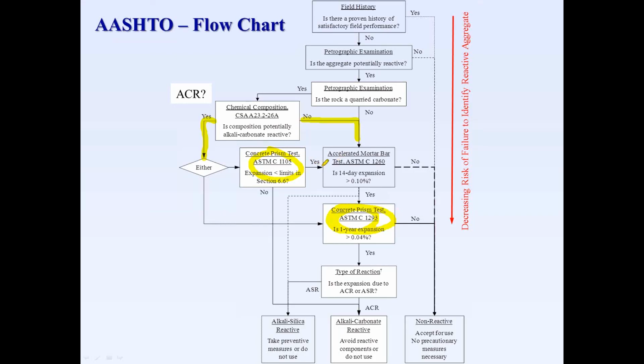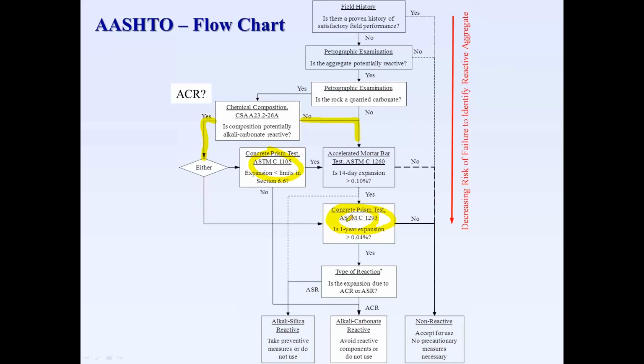If it passes the 1105, in other words, if it doesn't show any reaction, we can be fairly sure it's not alkali carbonate reaction, and then we can use the accelerated mortar bar test, because we've ruled out ACR. The accelerated test is not suitable for alkali carbonate reactive rocks, but if we pass this test, we know it's not carbonate reactive.